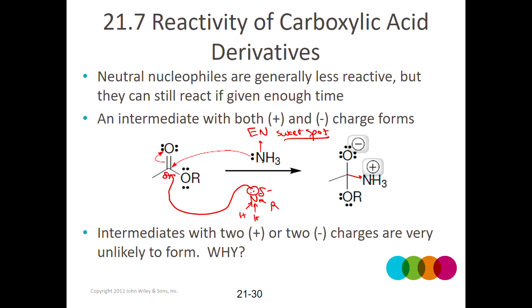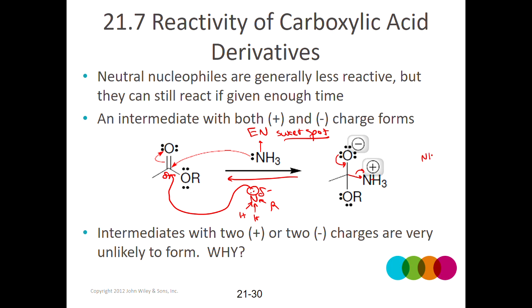So in this equilibrium, if the nitrogen attacks here as these arrows are showing and pushes the electrons up to get this intermediate, well sure, this electron pair could swing back in and push that back out. So it's definitely going to be an equilibrium situation. But instead, what could also happen are some proton transfers.